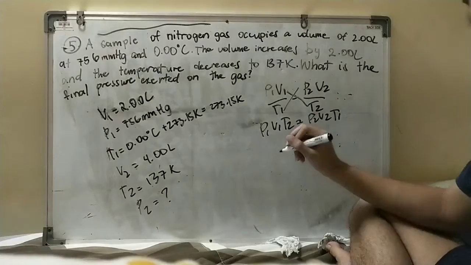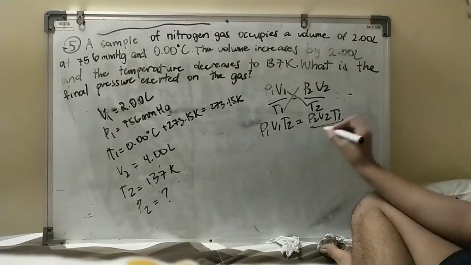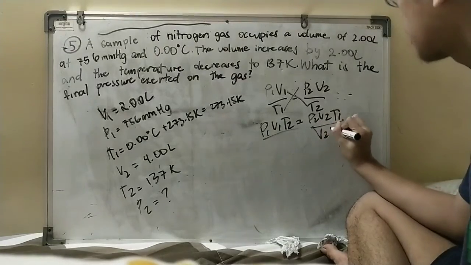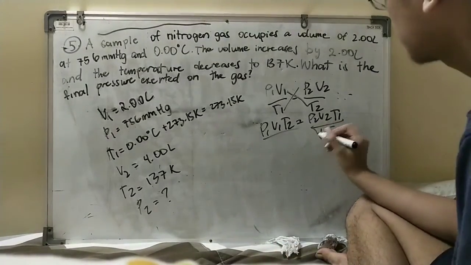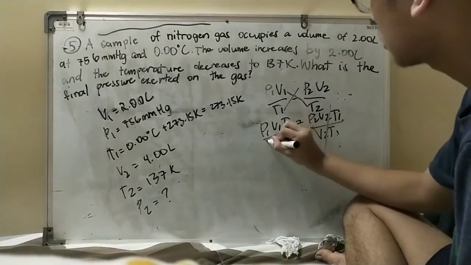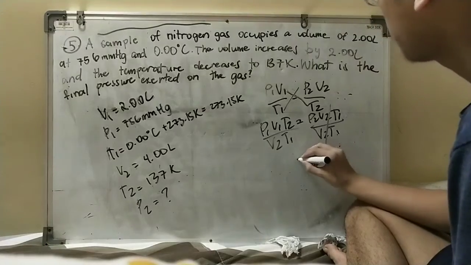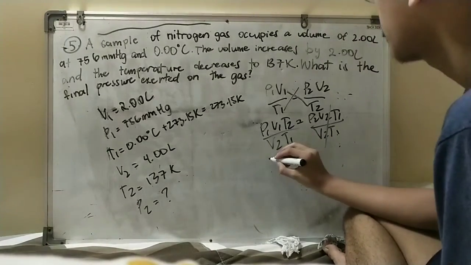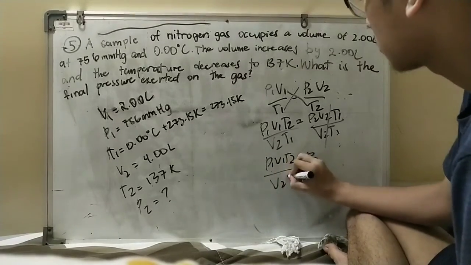And then, what are we looking for? The final pressure. So it's P2. We're then going to divide both sides by its remaining values in order to cancel them out. So our formula for our final pressure is P1 V1 T2 over V2 T1.